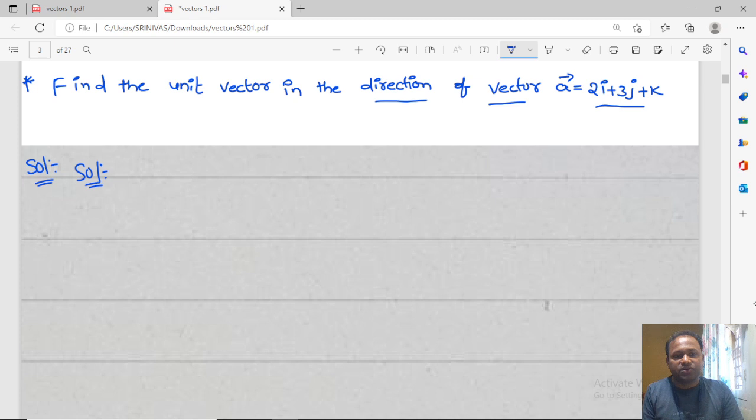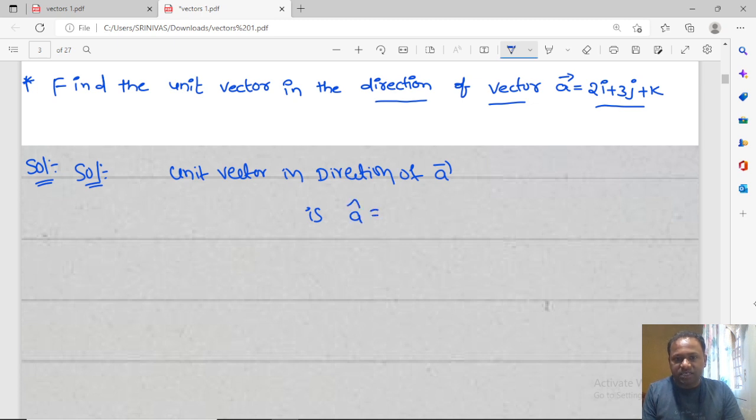In the beginning I told what a unit vector is. The unit vector in the direction of vector A bar, how can we write?